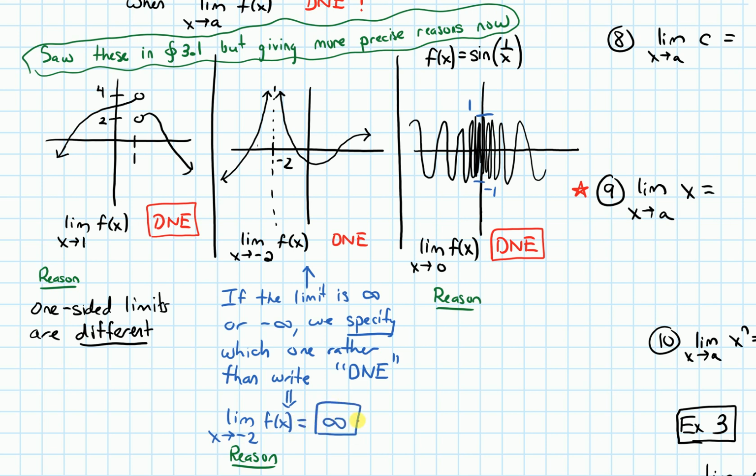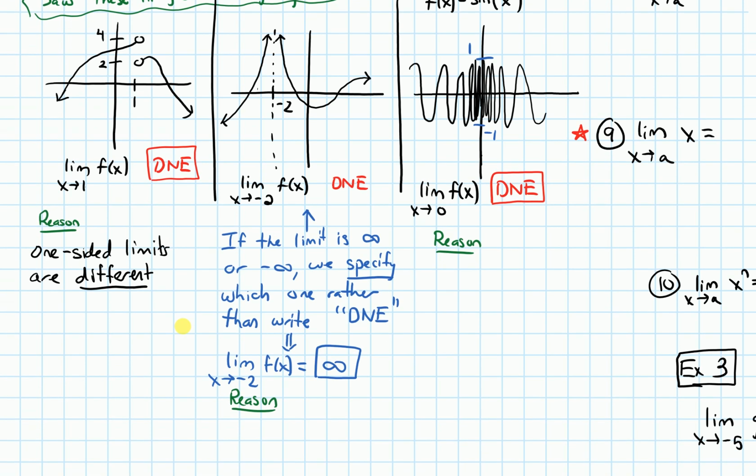That has the right level of specificity. When we write infinity, that implies it's DNE, because it's not a finite number, but it's also being more specific. It's telling us more information about what the graph looks like. It's saying the y values are getting huge as x gets close to this number.